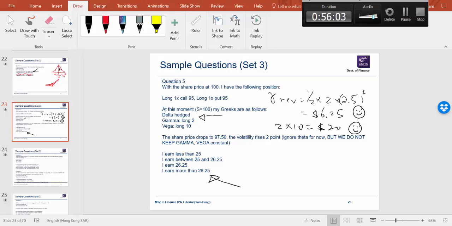Your stock price, say it drops and it's closer to the strike price, isn't it that your gamma gets higher and your gamma revenue gets higher?